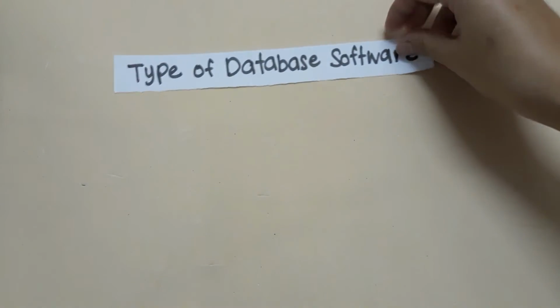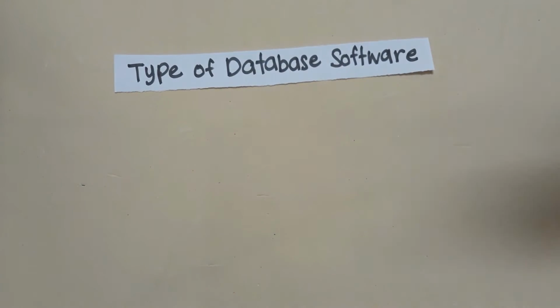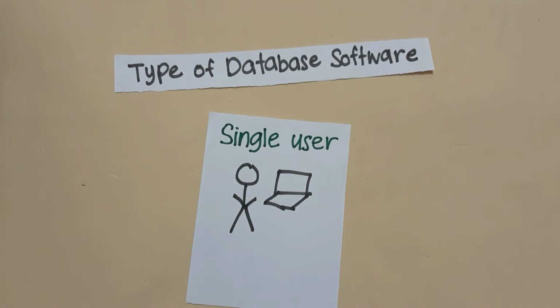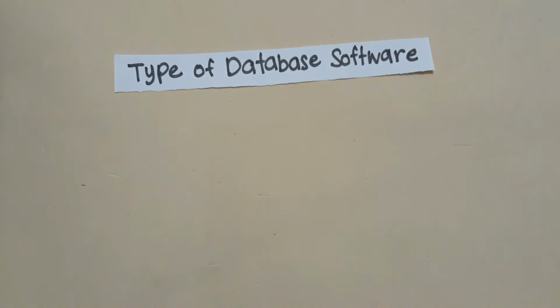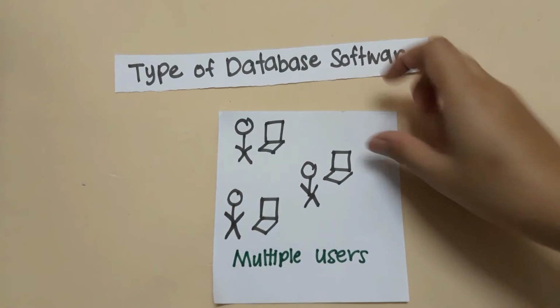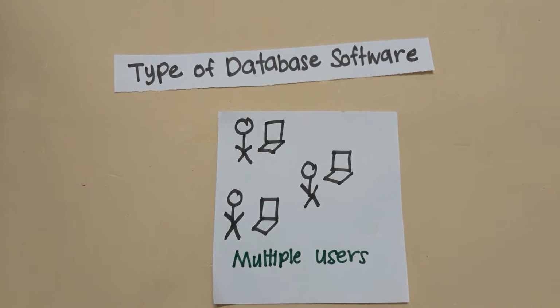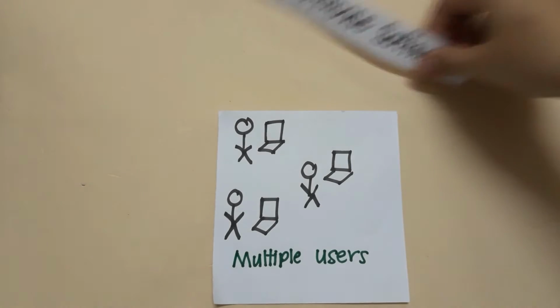There are two types of database software. Single user means only one person can use the database at a time. Multiple users allows hundreds or thousands of people to access the same database at the same time.